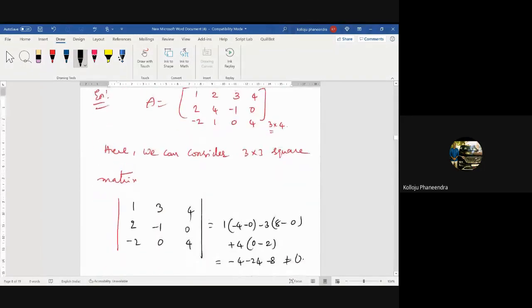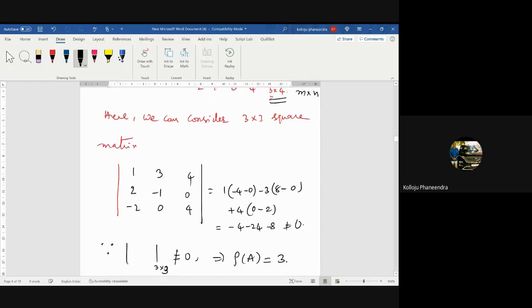What is this order? This is m by n. M equal to 3, n equal to 4. Then which square matrix do we consider? A square matrix is possible only for 3 by 3. That is why we consider the 3 by 3 determinant. It is not equal to 0. Therefore, the rank is 3.